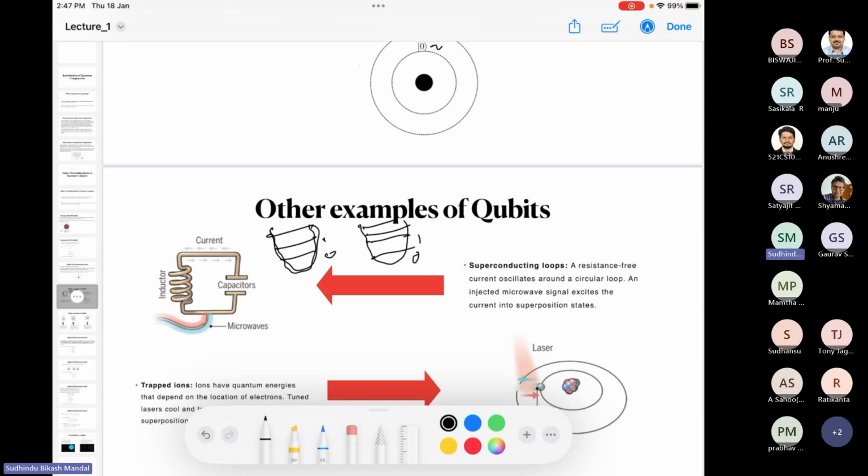To implement the superconductor, we need to take care of very fine tuning of this microwave signal, because the quantum computing world is still struggling with fine tuning of this pulse.